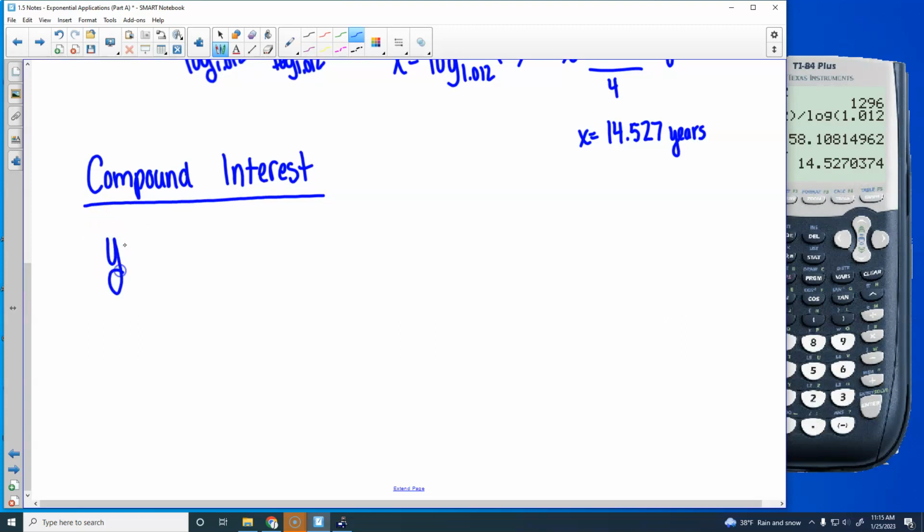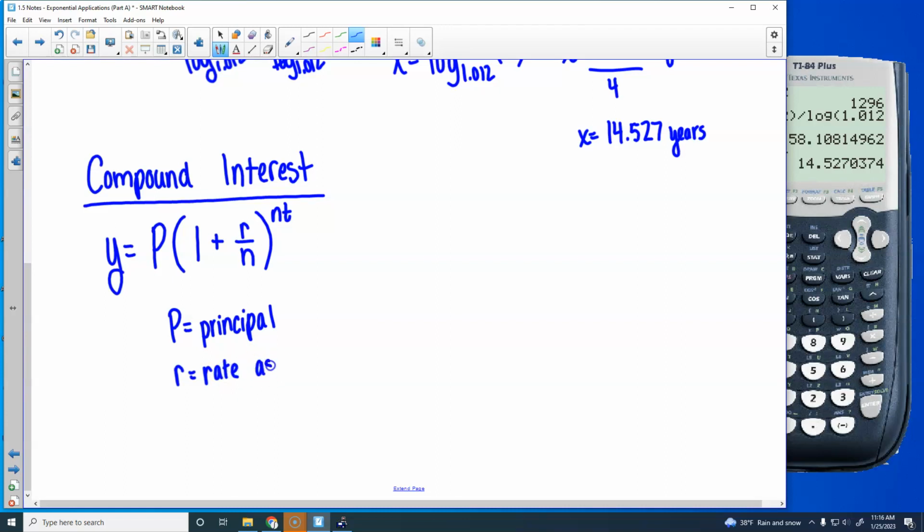So that formula is P times (1 plus R over N) to the N times T. You may see this formula with different variables, but in this version, P is your principal value. R is your rate as a decimal.